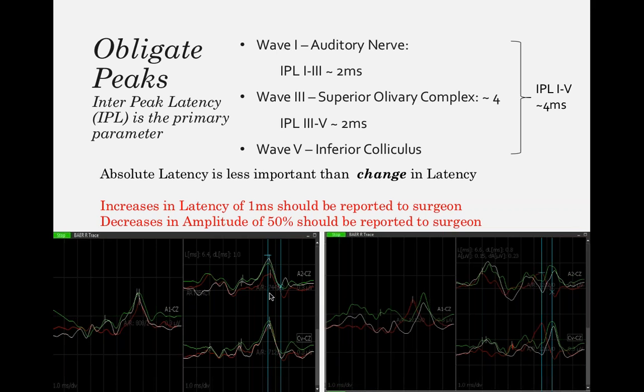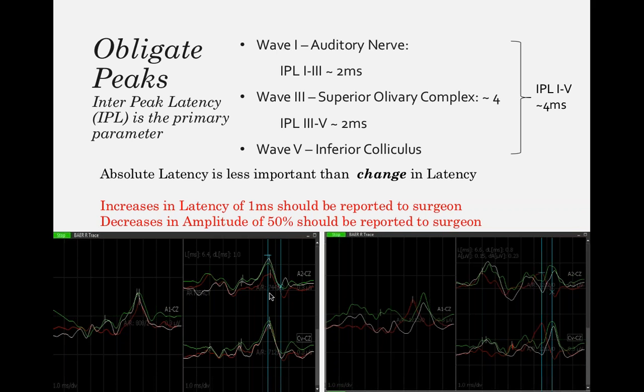And interpeak latencies are really the primary parameter that we're looking at. Absolute latency is less important. It doesn't really matter what the latency is of your baseline. It matters when your signals deviate from that baseline.